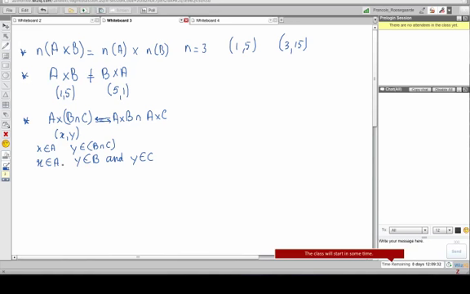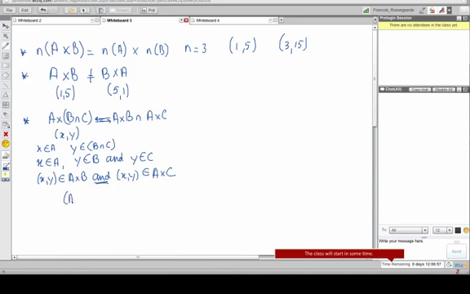Now, since I multiply between the two, x needs to be paired with y being from B. So one pair would be an element of the product between A and B, and the other would be an element of the product A times C. Well, change this for the intersection sign and there we are.